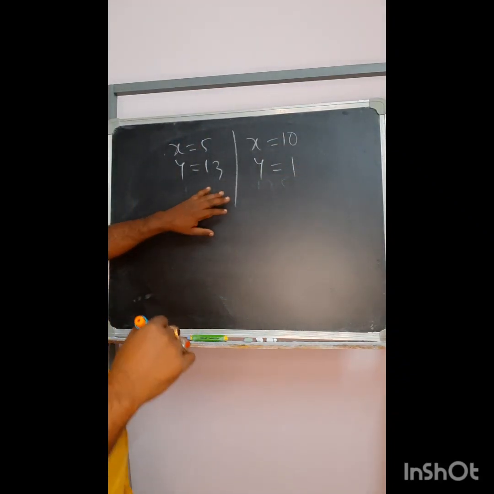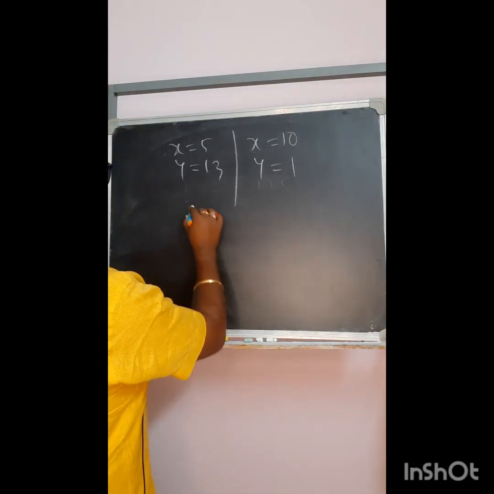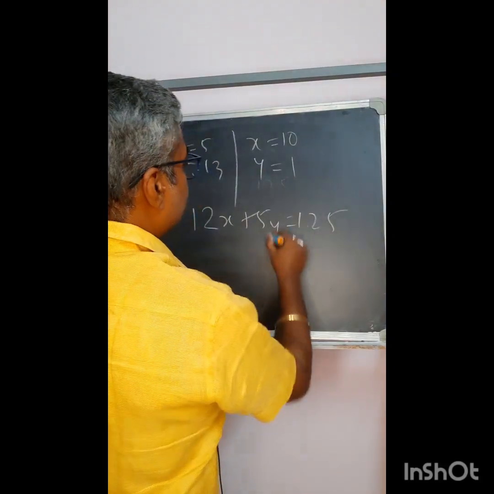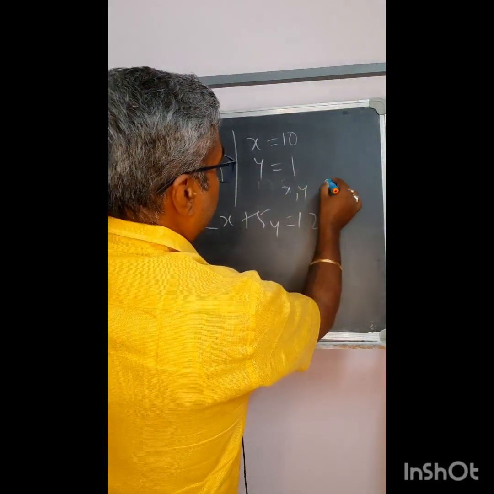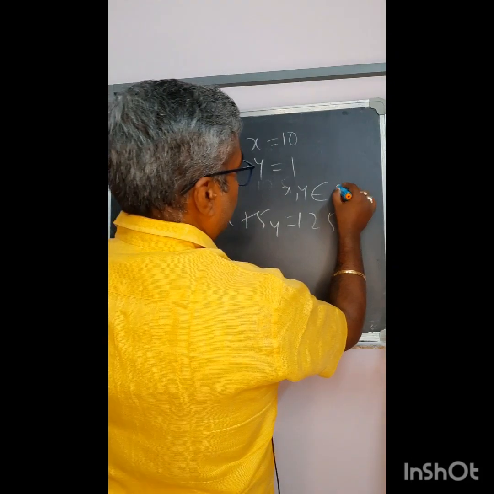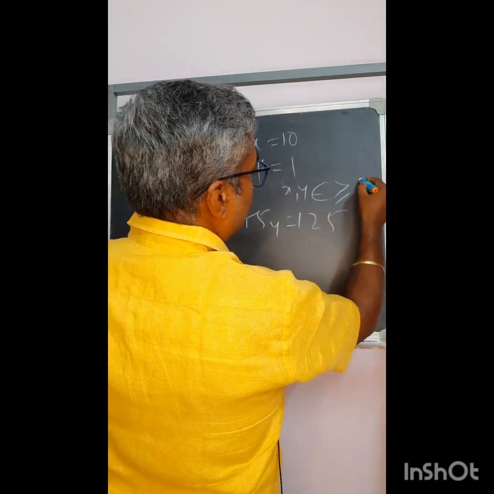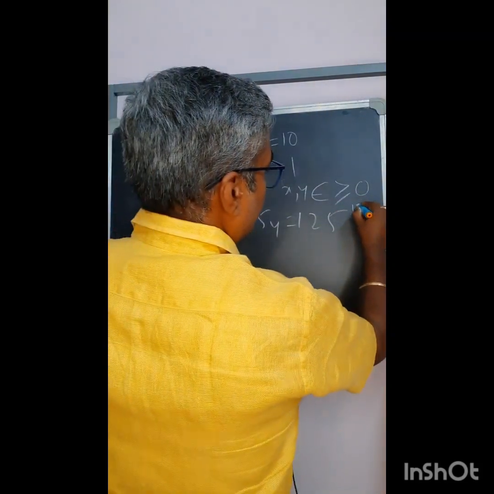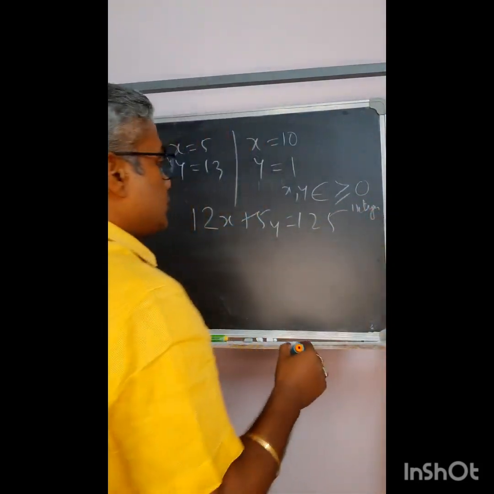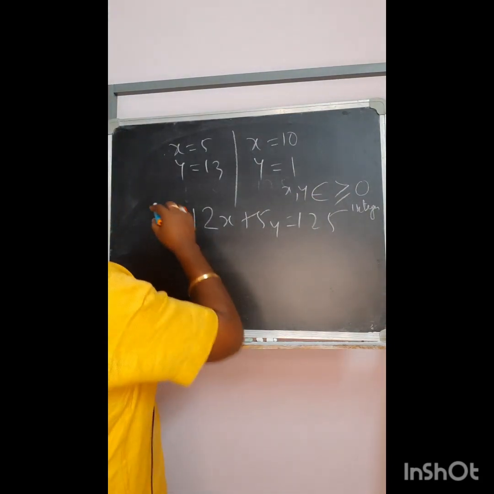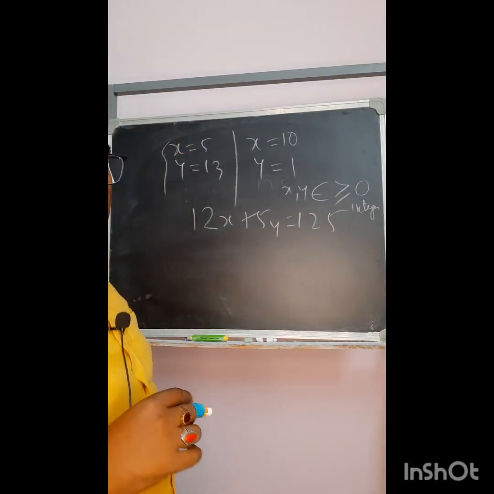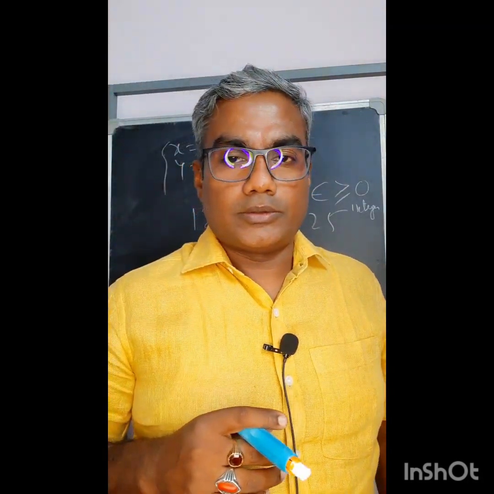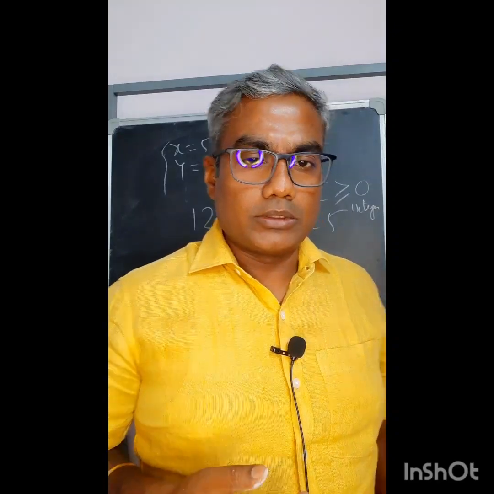So, these are the solutions for which 12x plus 5y is equal to 125 is satisfied, where x and y are greater than 0 and integers. So, this is your solution. Just have a look further. If you have a doubt, you can comment in the section.